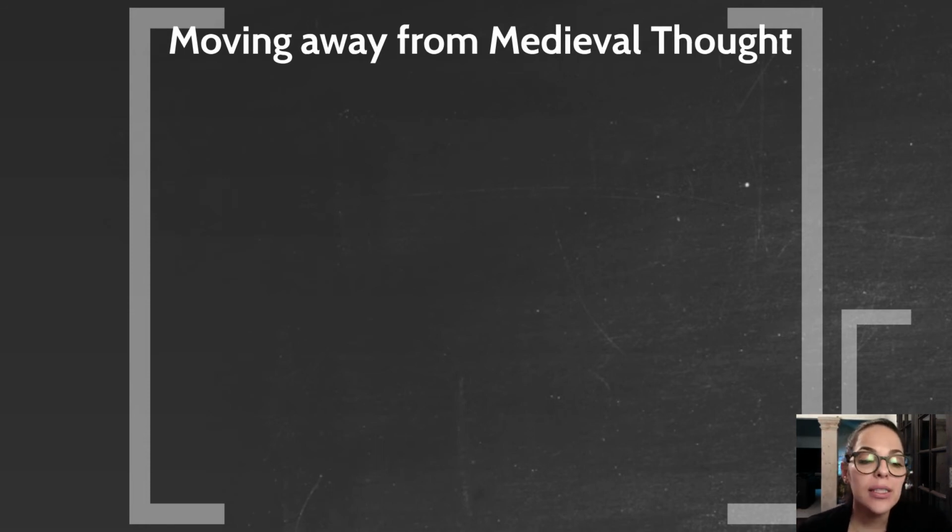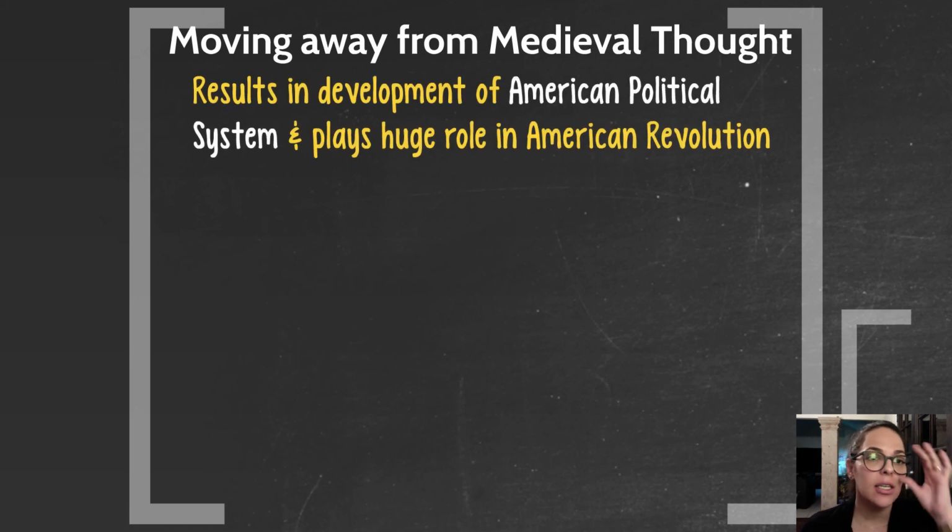Okay, so let's talk about what is going on with the Enlightenment, especially how it pertains to the American colonies. Again, this relates to chapter 1 and chapter 2, but part of what is going on in Europe, especially because the American Enlightenment is sort of a spin-off of the European Enlightenment movement, is an actual moving away from medieval thought, okay?